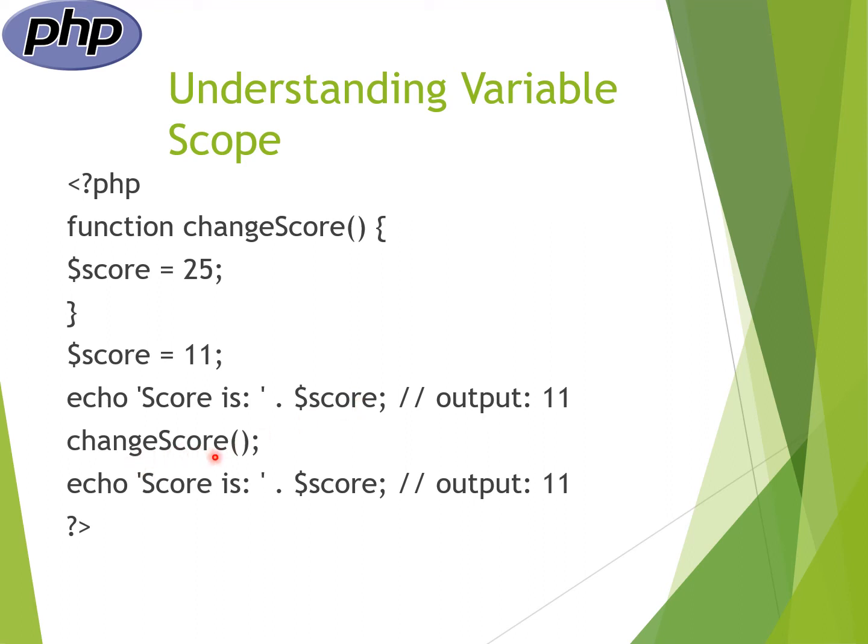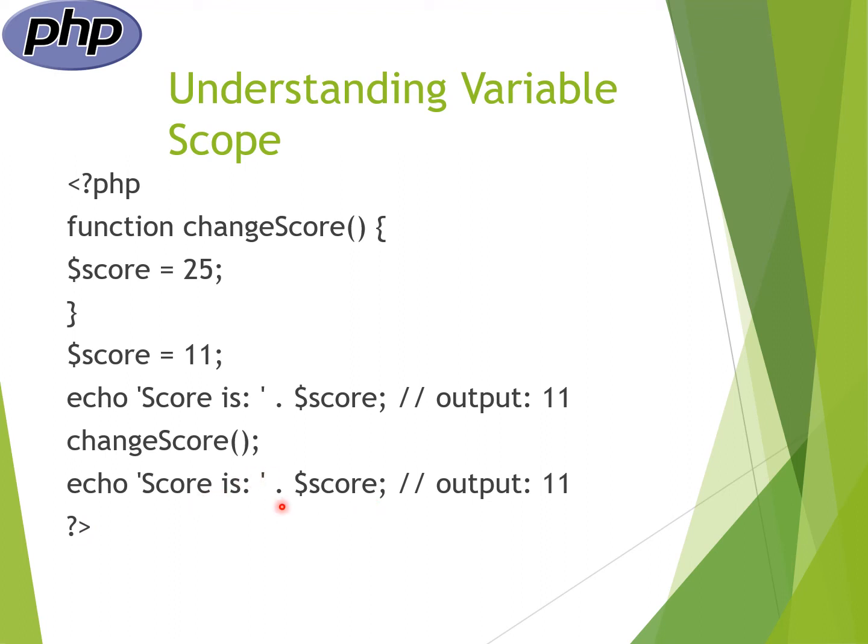Then the changeScore function is called, and inside the changeScore function another variable $score is declared with initial value 25. Again, after calling the function, an echo statement prints score is $score.